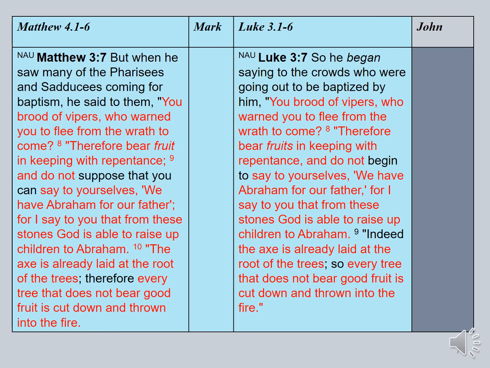Now let me just stop here for a second and talk about the kind of similarities that we need to note. Because what we're looking at here is English translation. And obviously the Gospels are not written in English, but in Greek. But moreover, the language that Jesus would have used would have been Aramaic.